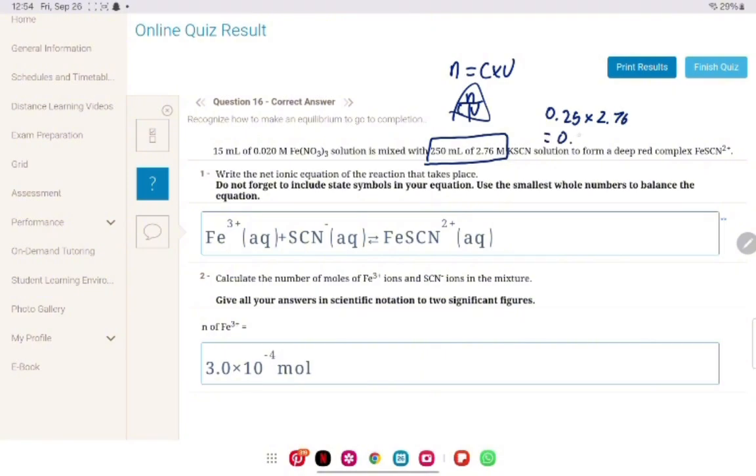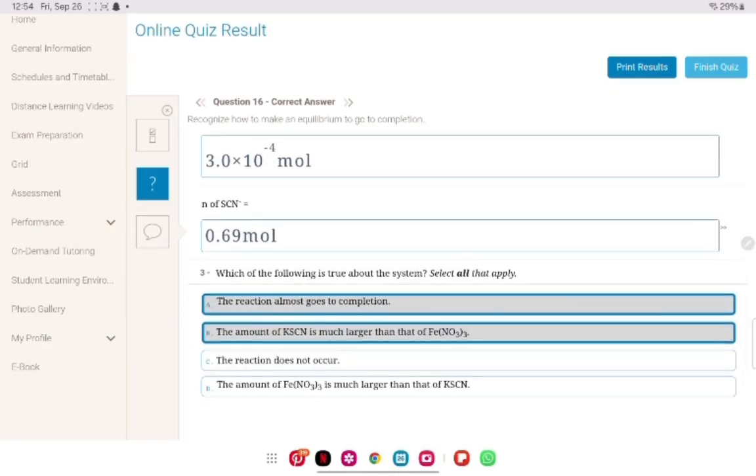It's gonna be equal to 0.69 moles. Yeah, those are the answers. Okay, and then here, which of the following is true about the system?